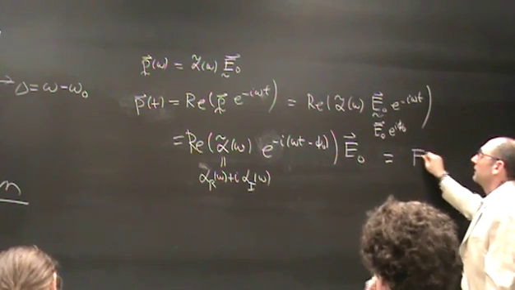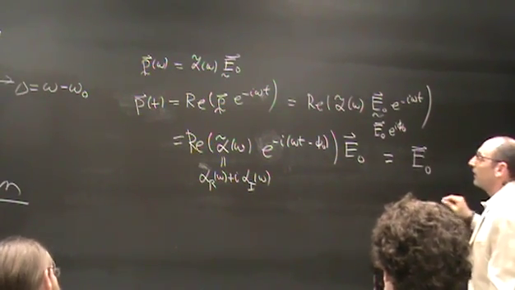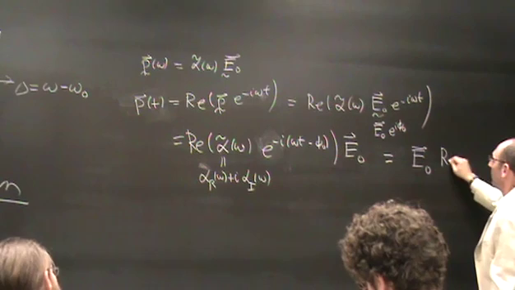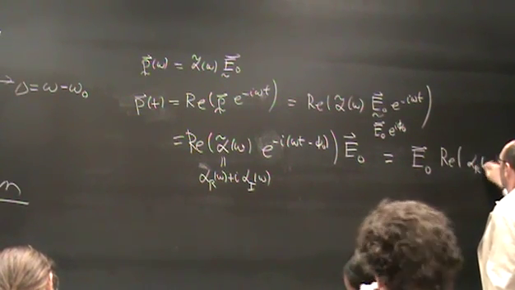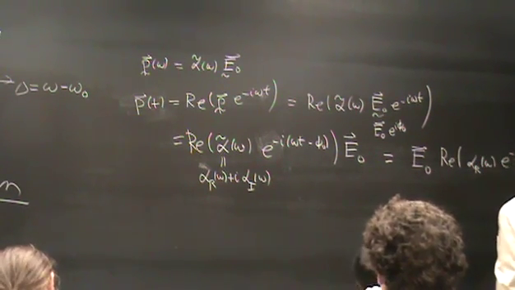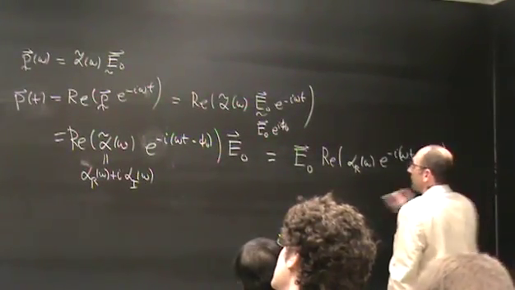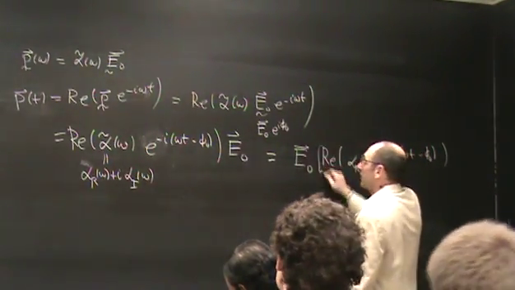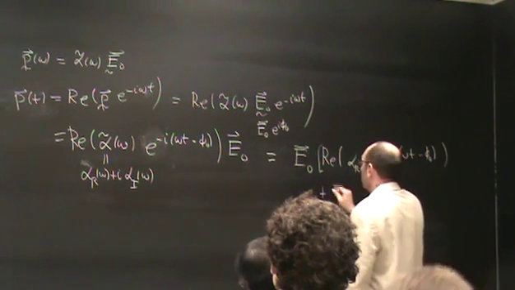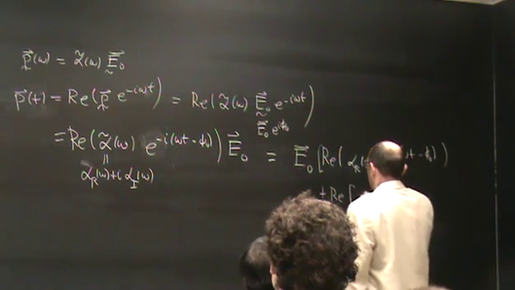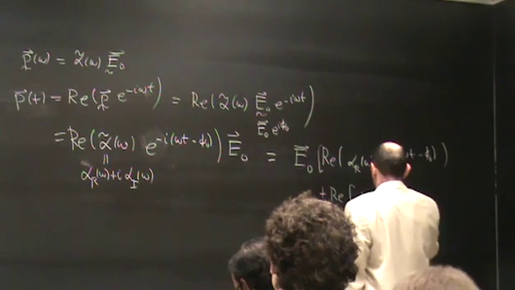I get E0 times the real part plus the real part of i times imaginary.